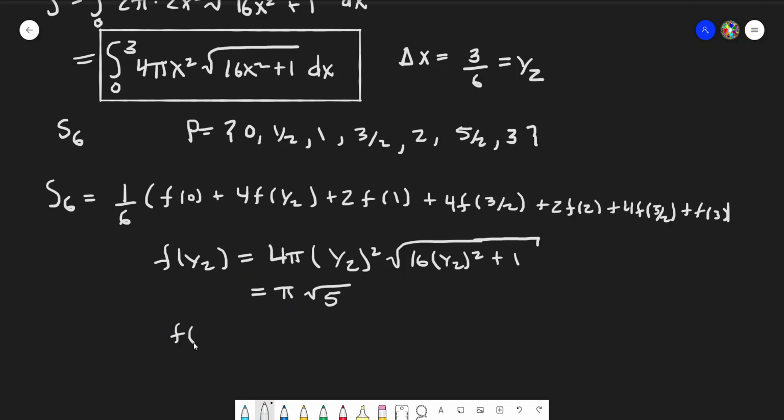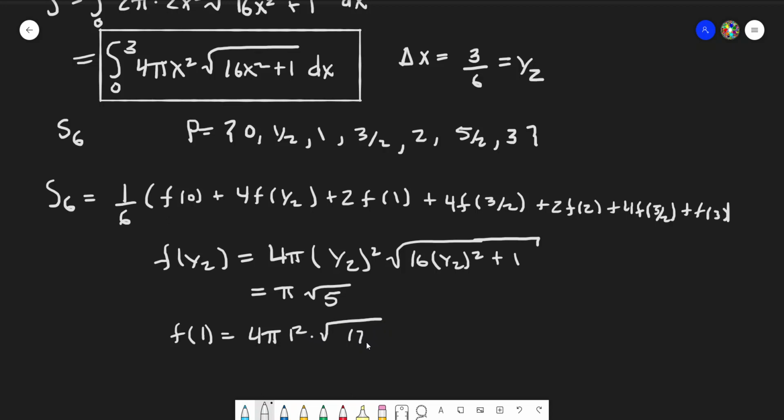Furthermore, if you go ahead and find, for example, f of 1, f of 1 is going to be 4 pi times 1 squared times the square root of 17. So in that case, that's just going to be times 4.